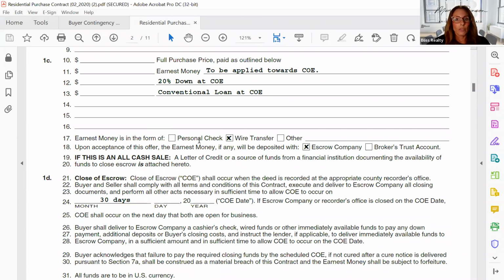So typically, earnest money should be wired, and no agent should be taking earnest money, no personal checks. You don't ever want to be accused that you have someone's account info. And always it's with the escrow company. Always. I mean, there's no broker trust account.